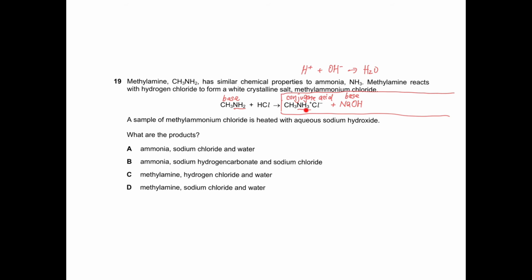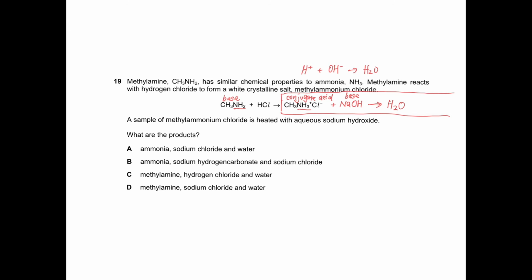So it comes from here, the NH3 plus. One of the hydrogens will be donated to form H plus, and OH minus comes from here. They will form water. So let's write it down. They will form water as the first product, H2O.